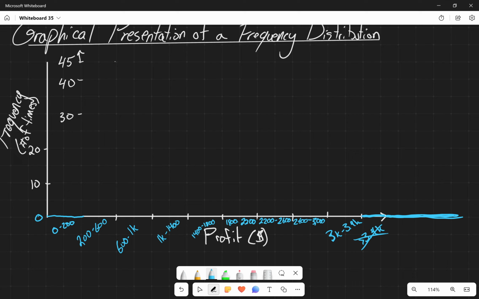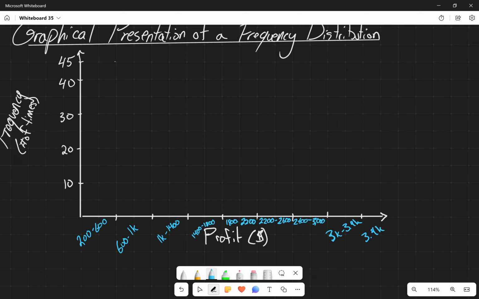We're only going to keep important non-zero information on the graph, right? So we're going to put that axis back where it's supposed to be, and then we're going to get rid of all this stuff over here just because it's cluttering things up. That make sense though? So that's why we're limiting it to just 200 to 3,400.